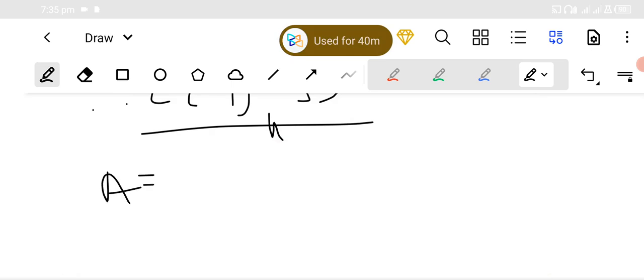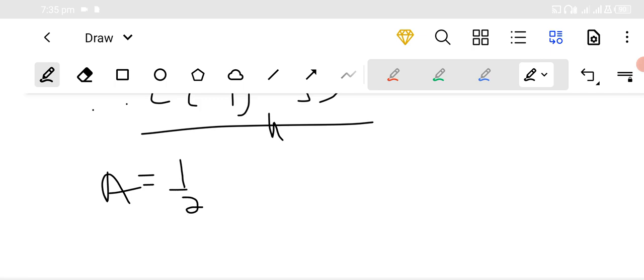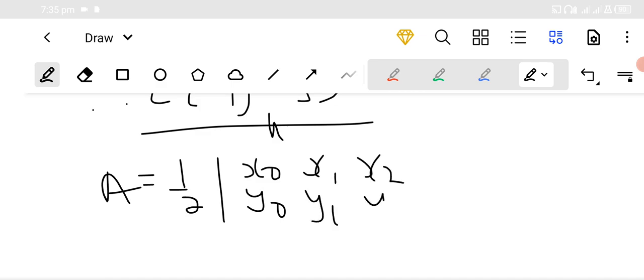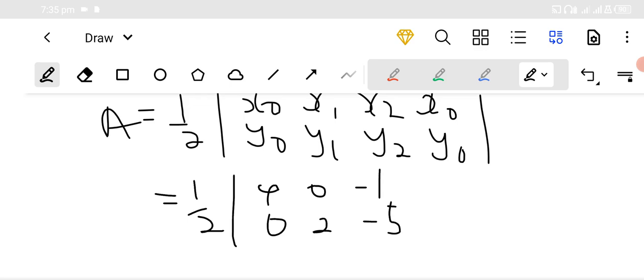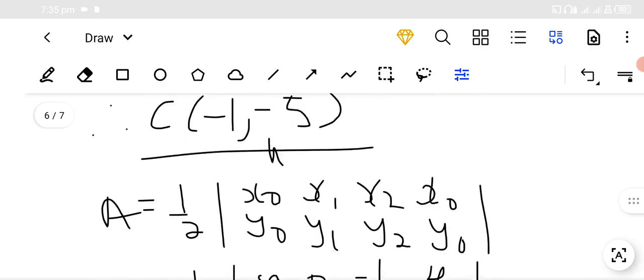Half modulus of x naught y naught, x1 y1, x2 y2. You end at a 2, then you repeat the reference point. It's going to be equal to half modulus of 4, 0, then since it was on the y-axis, 0, 2, and then you're going to have negative 1, negative 5, and again 4, 0. Hope that's clear.